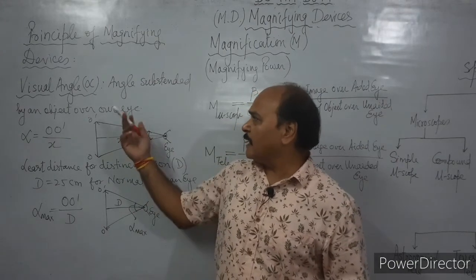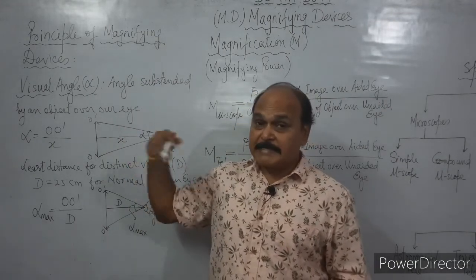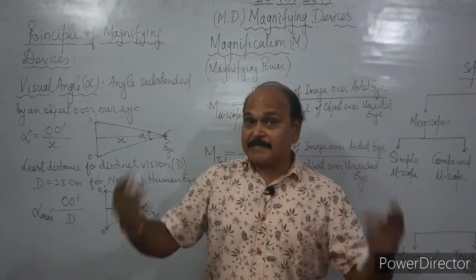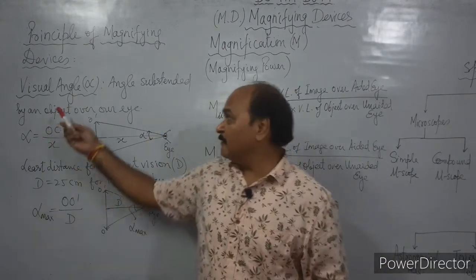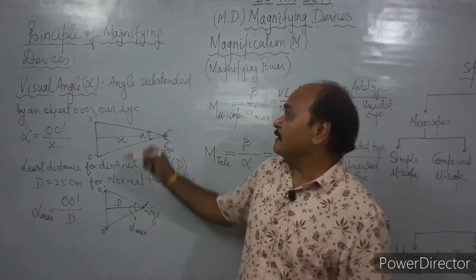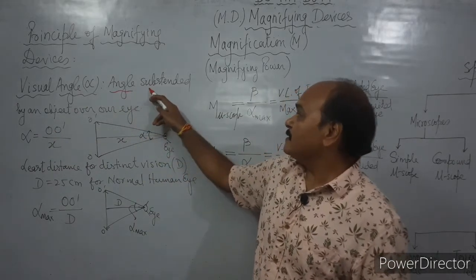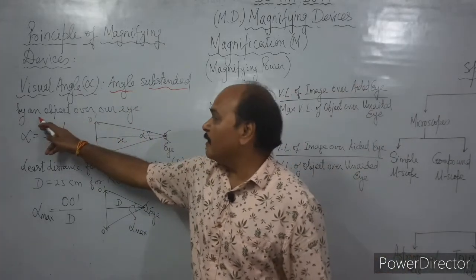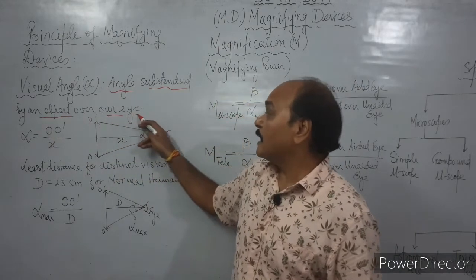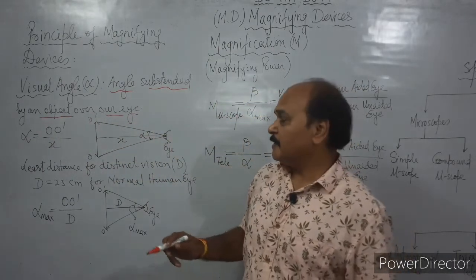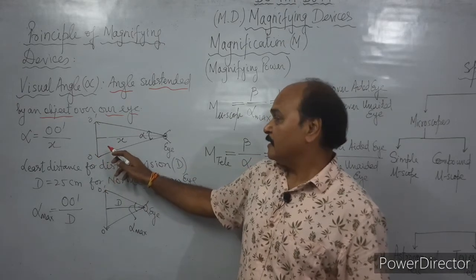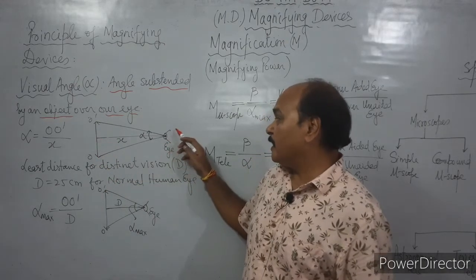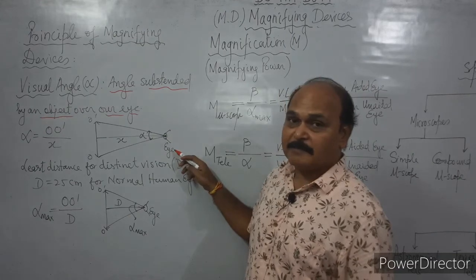Visual angle of an object is the angle which decides the size of an object visible to us. Mathematically, we define this visual angle as the angle subtended by an object over our eye. If this is an object O dash and it is at a distance x from our eye, this is eye.